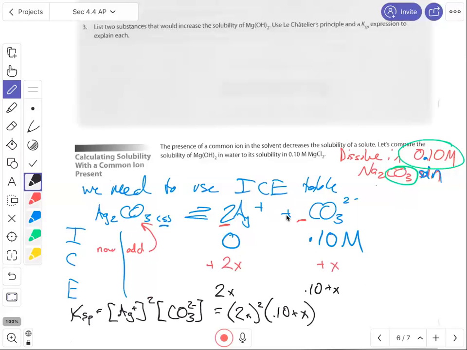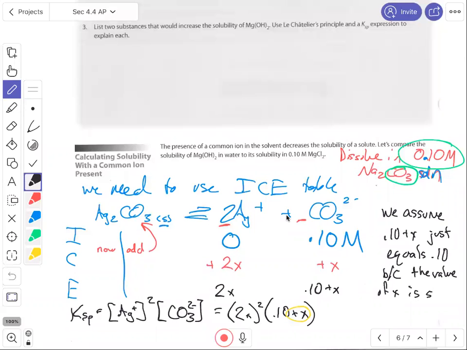Can you see that the algebra here would start getting tricky? Yes. So we get to make an assumption. Here's the nice thing. We assume that 0.10 plus x just equals 0.10 because the value of x is so small.